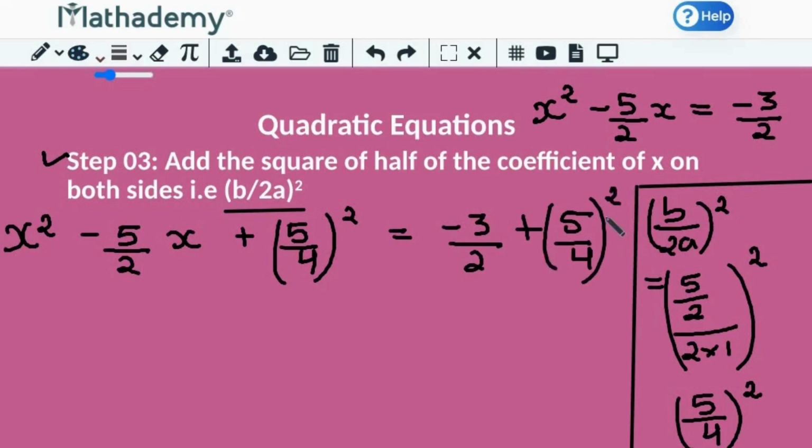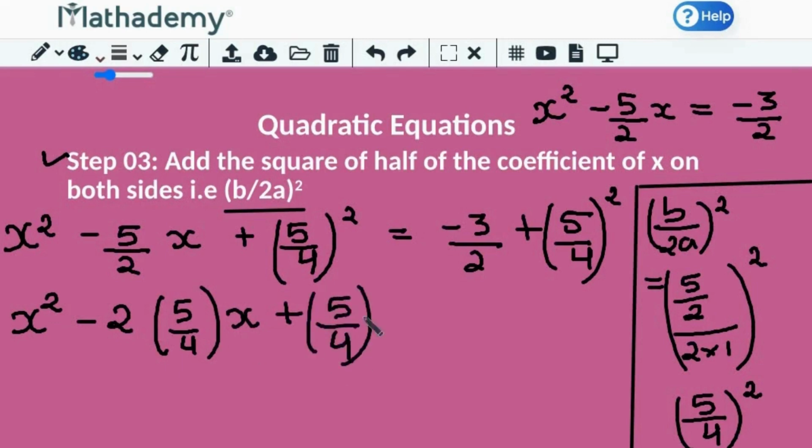Now in the next part, this middle term I'll modify a bit. How? This is x² − 5/2 times x, I'll just write it as minus 2 into 5/4 into x + (5/4) the whole square.